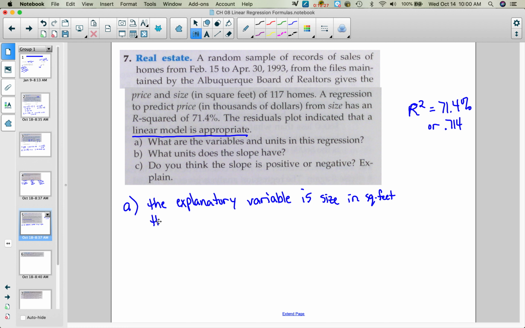The response variable is price, and that is in thousands of dollars.